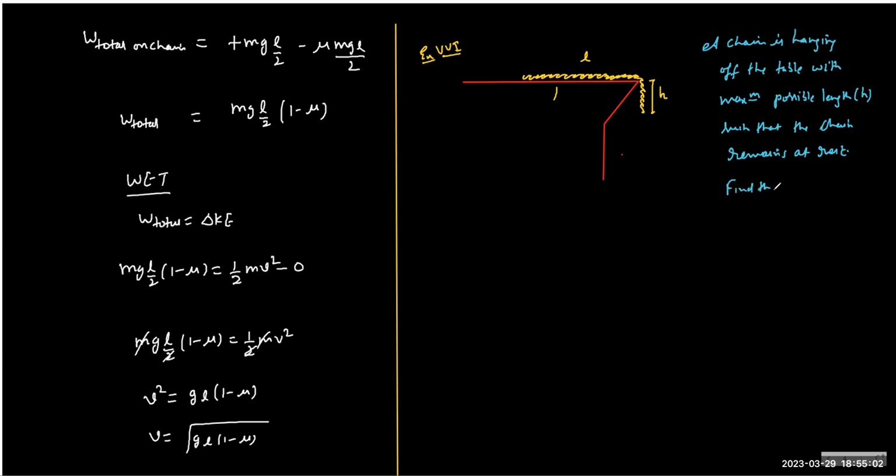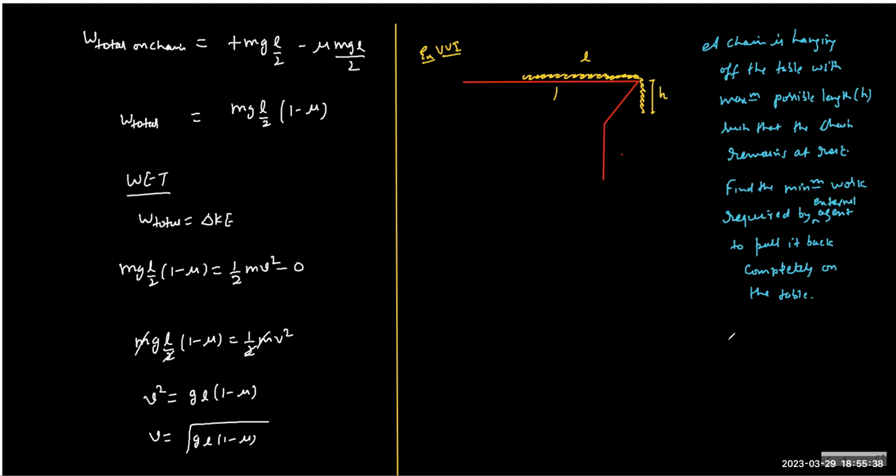Find the minimum work required by an external agent to pull it back completely on the table.